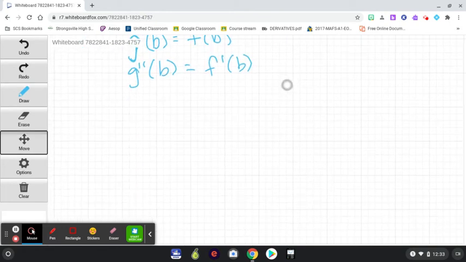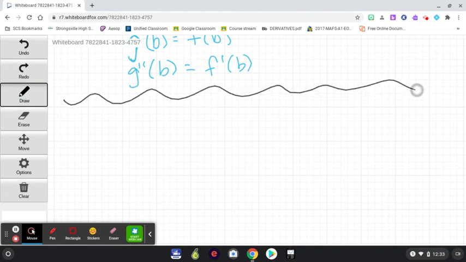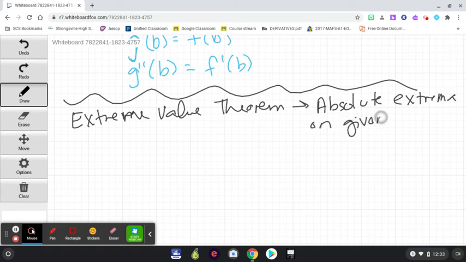The last thing that I want to review with you today is EVT, extreme value theorem. And extreme value theorem is mentioned when you're looking at absolute extreme values. I'm going to say absolute extrema on a given interval. Okay.